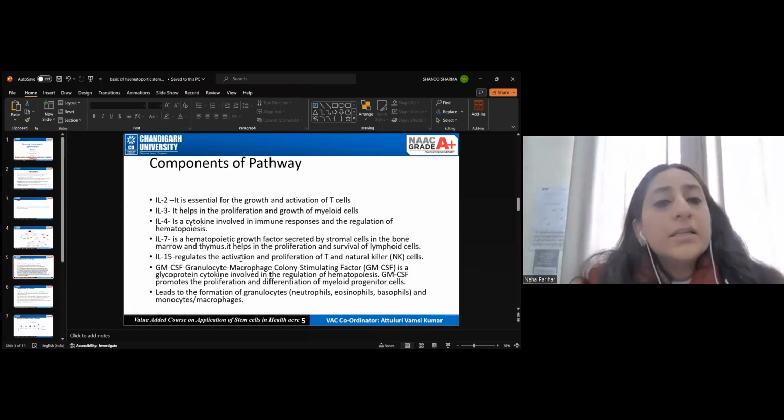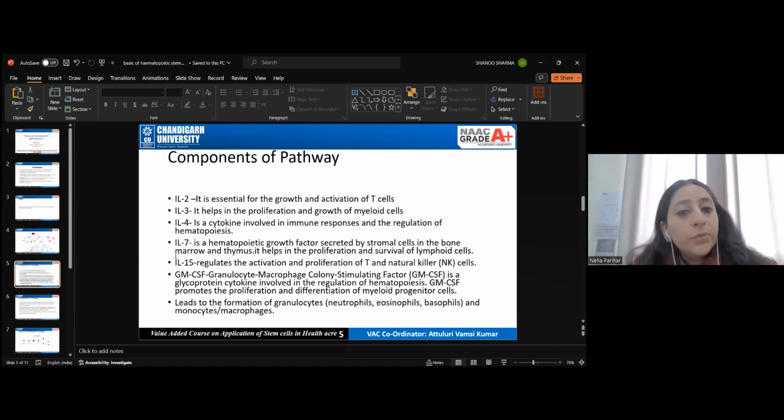Now, in the interleukins, I have written about interleukin 2. It helps in the activation of T cells. Interleukin 3 helps in the proliferation; all the interleukins are for the proliferation and growth of each type of cells. So they are beneficial for cell growth and proliferation.